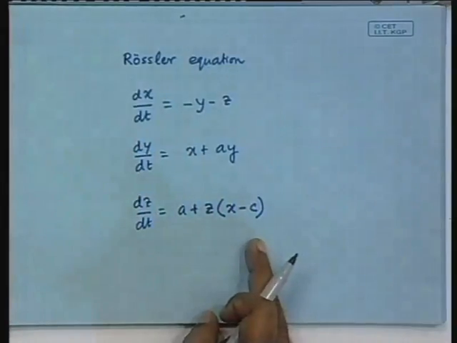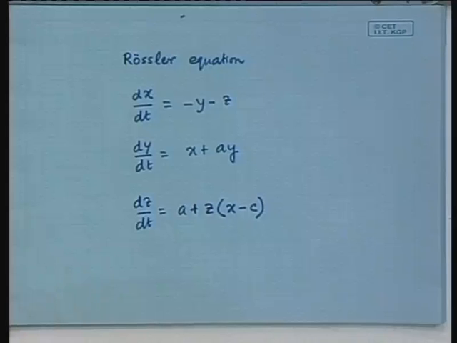So, if I ask you to analyze this set of equations, what will you do? What will be the procedure? You will first locate the equilibrium point. Where is the equilibrium point? Is 0 0 0 an equilibrium point?